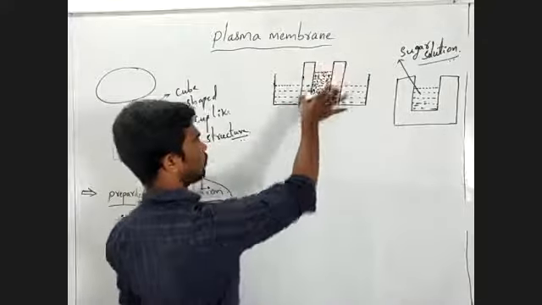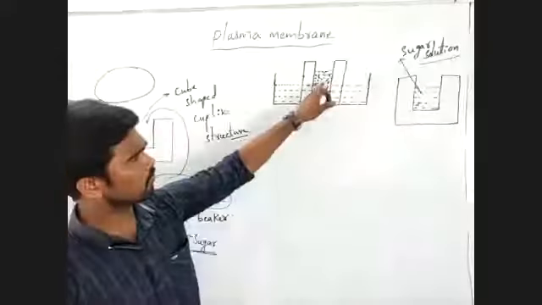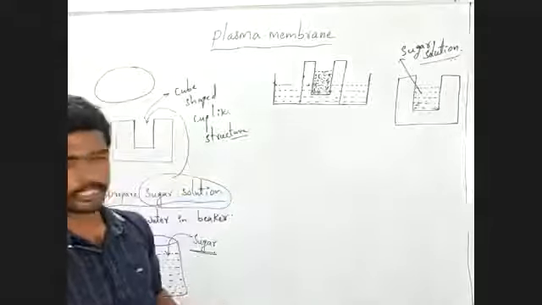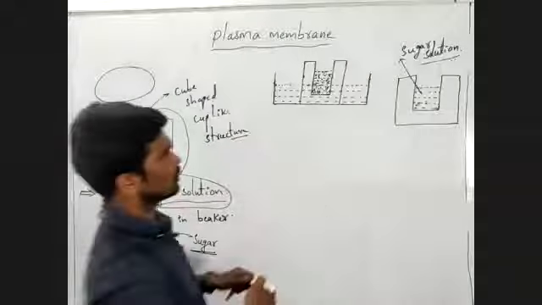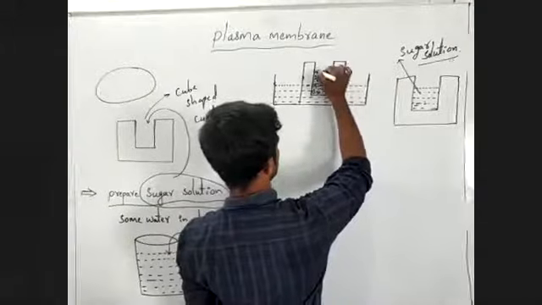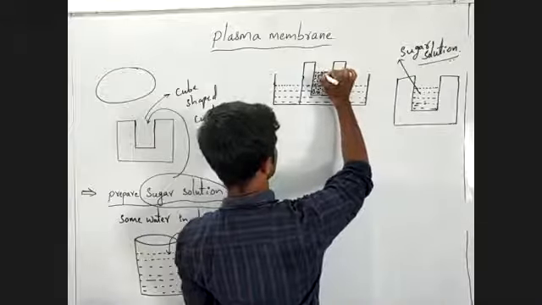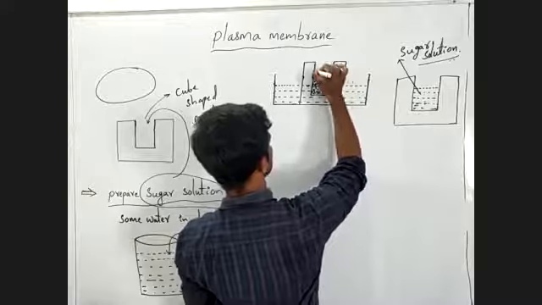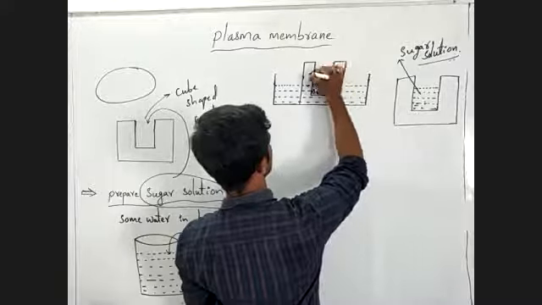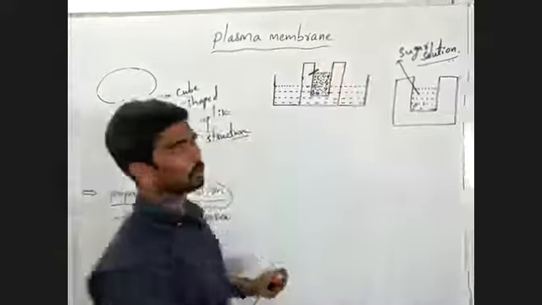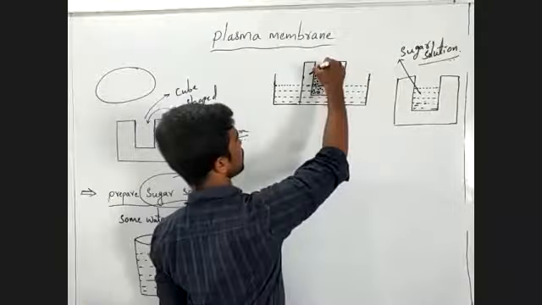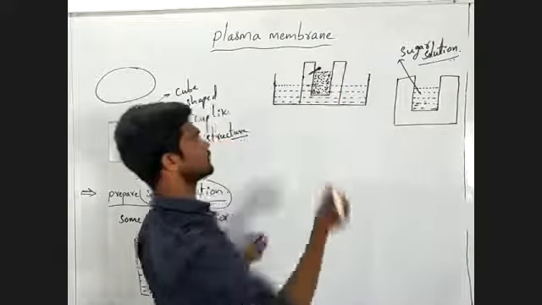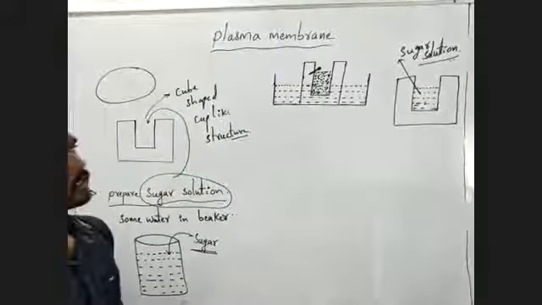Here, potato with sugar solution means high concentrated solution. Now you have to mark the level of the sugar solution present in cup of the potato by pin. By pin. Like this, observe.